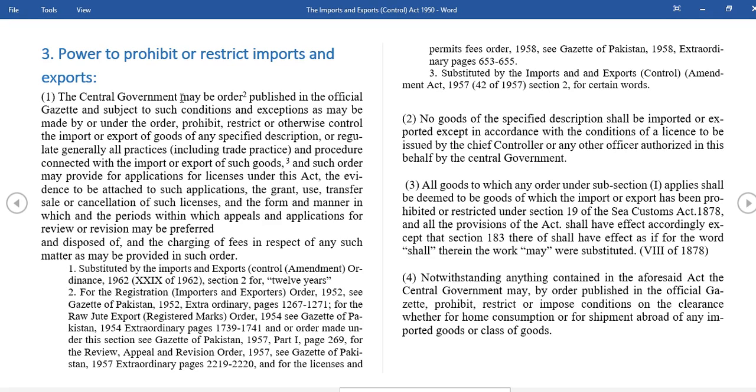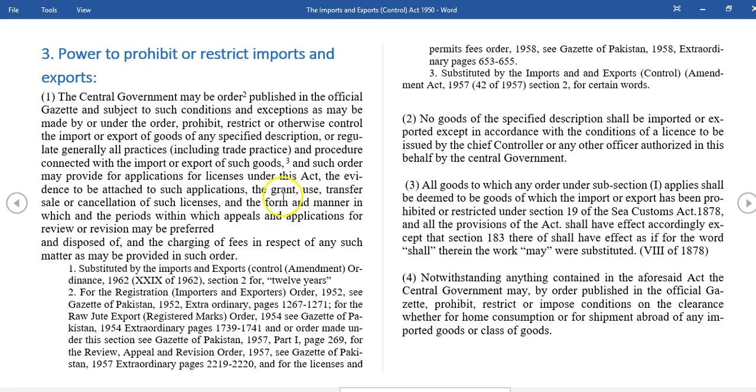Each province had their own provincial government, and centrally they had one government which is called the central government. But right now in Bangladesh we have just the mention of government, because we don't have any such provinces. So we can take the central government as the government. So the government has all the power to prohibit or restrict imports and exports.